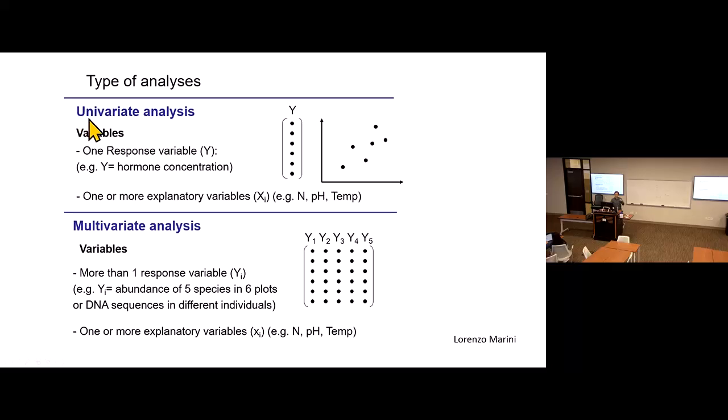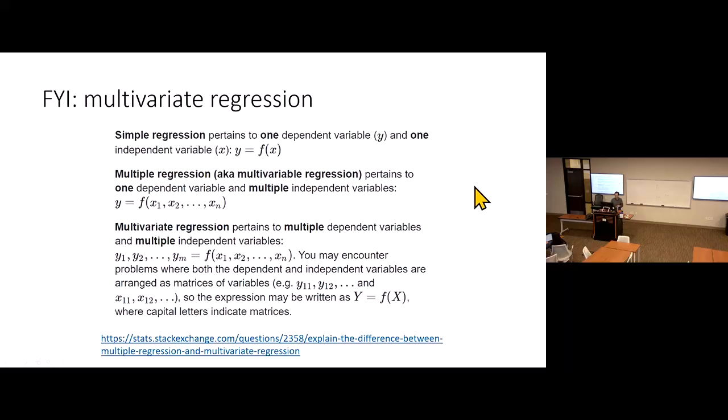So we have univariate analysis including multivariable regression, because multivariable means you have more than one input. But as long as you have one output, it is univariate analysis. Okay?